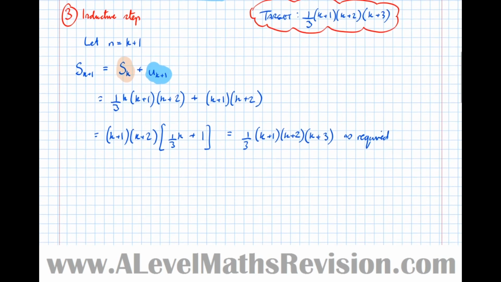And then finally our conclusion step. So therefore, if true for n equals k, then true for n equals k plus 1.